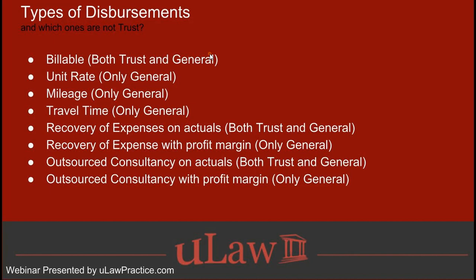But if you're looking to make a profit margin, or maybe you're giving a discount on that, then it would have to be general, be it a recovery expense or an outsourced consultancy. But if it's an outsourced consultancy, again on actuals, so the bottom line here is if it's the actuals that you're just transferring over to a client, you can use the trust account. But if it's going to involve profit or other margins, then please do consider using the general account. Okay.